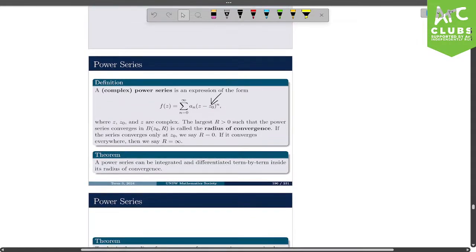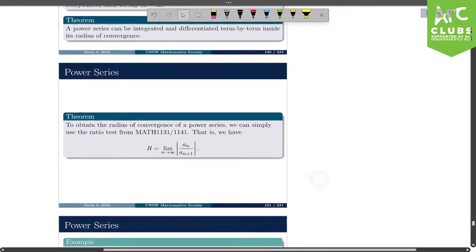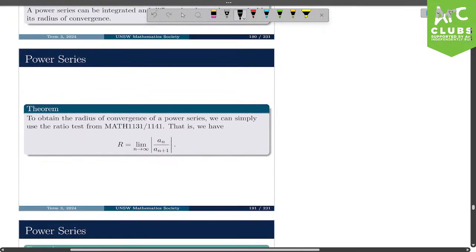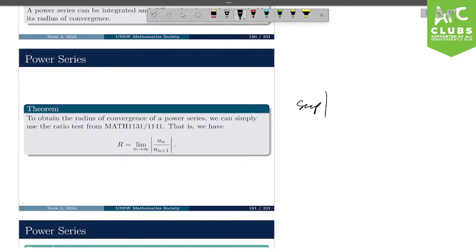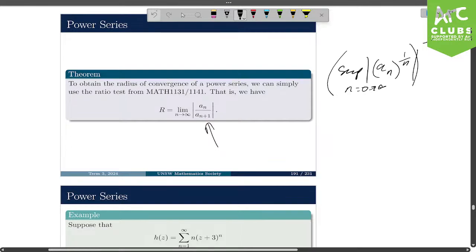But yes, radius of convergence is typically given by this formula, but you can also take it as the supremum of a_n to the power of 1 on n, all inversed, as your radius of convergence, as n equals 0 to infinity. You check all this stuff. Anyways, it ends up working out to the same value as this.